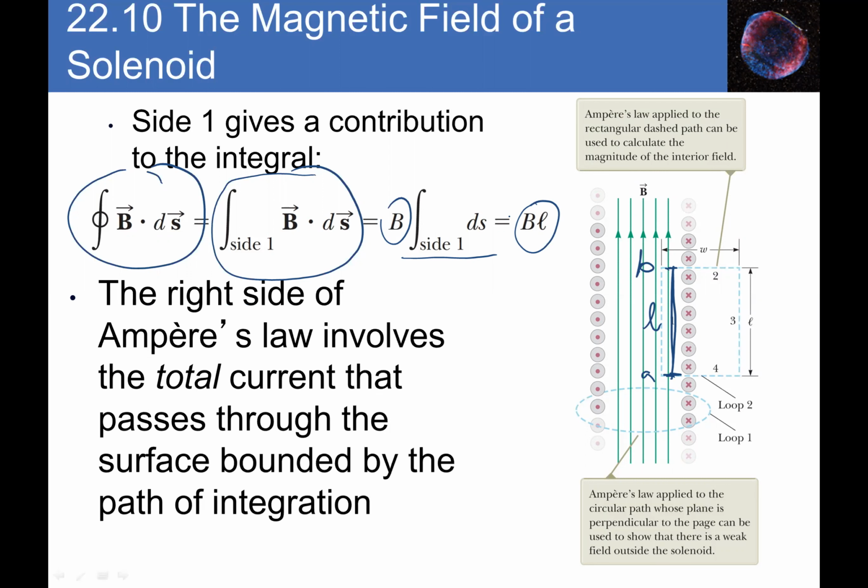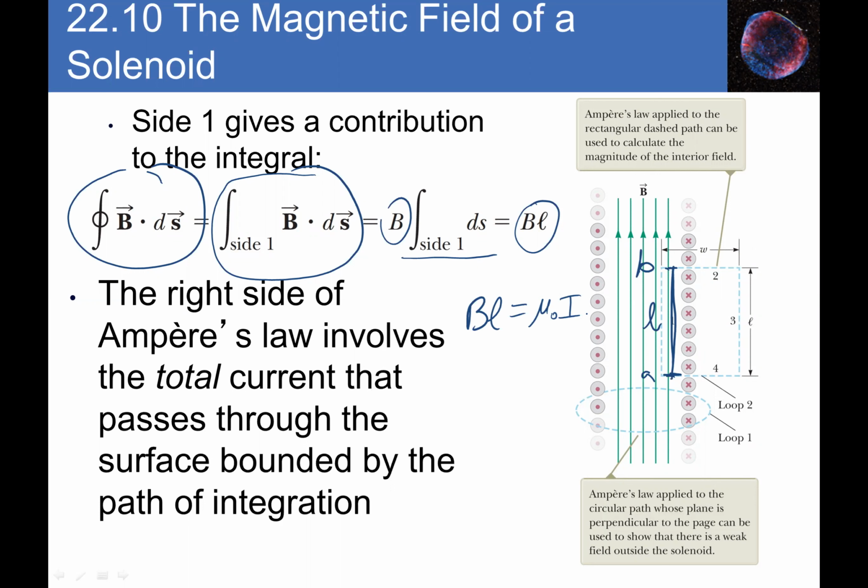The right side of Ampere's law involves the total current that passes through the surface bounded by the integral. Remember, that was just the left side of the equation, and the right side equals mu naught times the current.